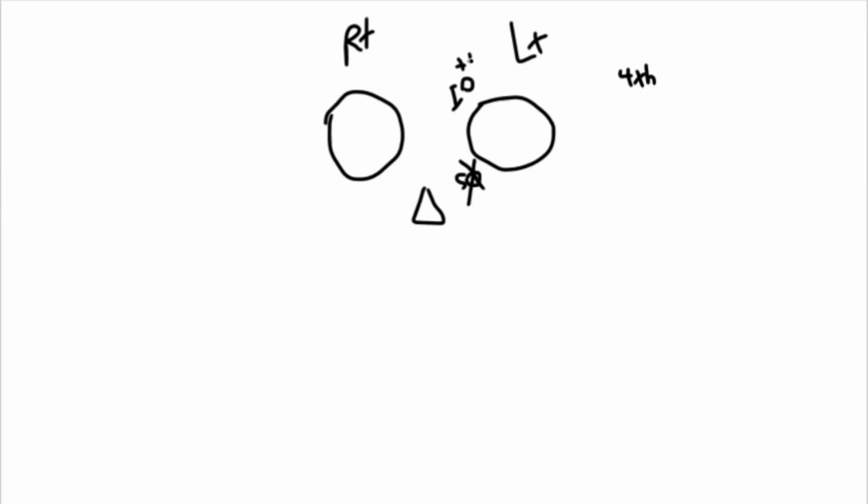So the combination of paralysis of a depressor and overaction of an elevator gives hypertropia. That's why fourth nerve palsy is one of the most important causes of hypertropia.